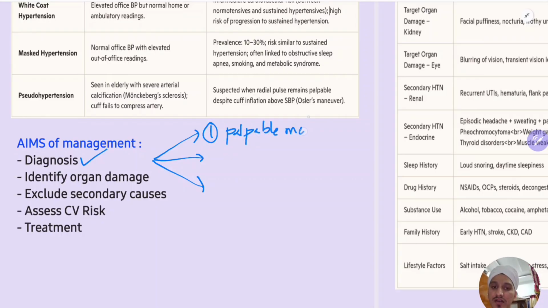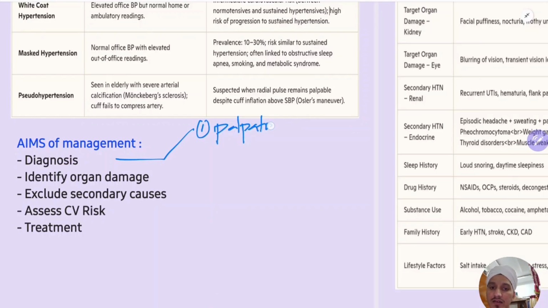Palpatory, sorry, not palpable. It is called the palpatory method. Number two is auscultatory, which is the gold standard to measure. Auscultatory method.